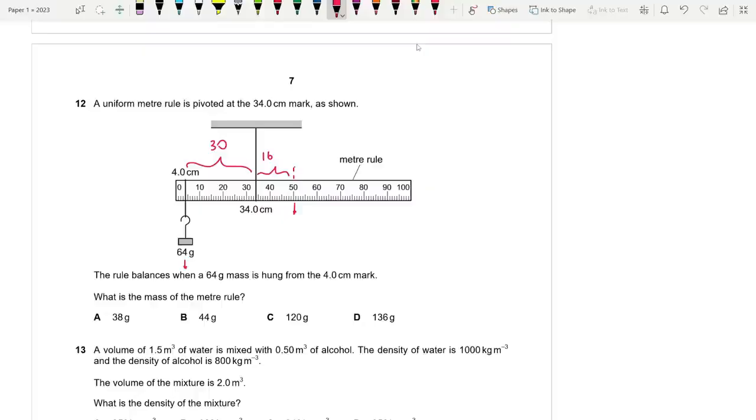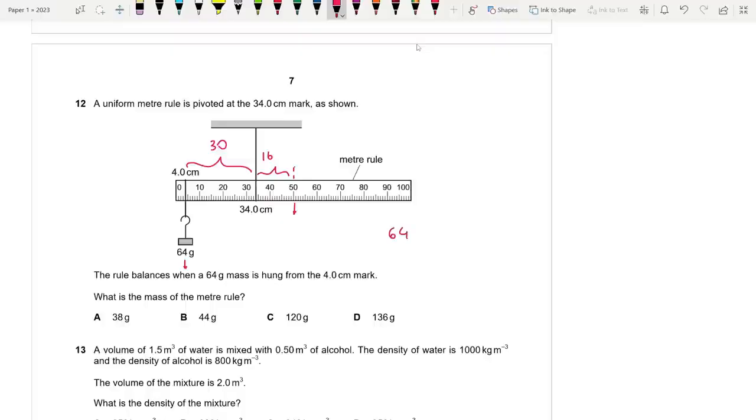So what can we say actually? We can go for the anti-clockwise moment, which is 30 times 64 is equal to the mass. By the way, we need to use weight according to the formula of moment, which is F into d.